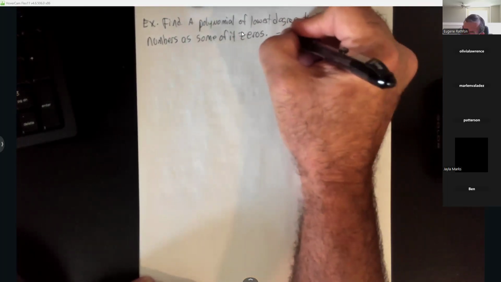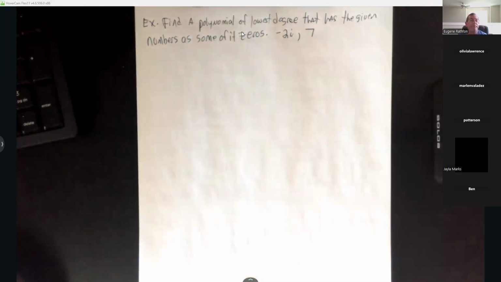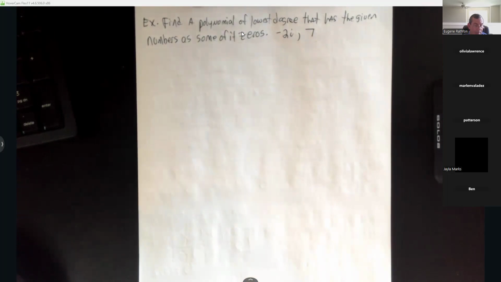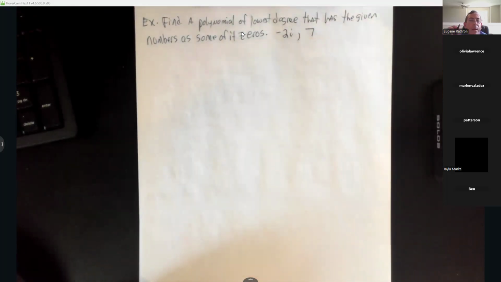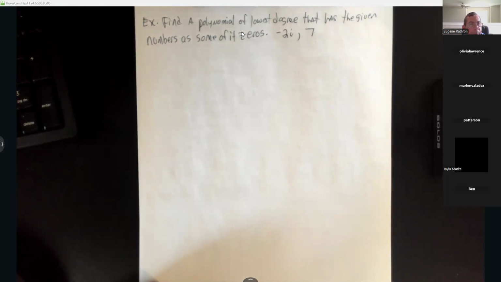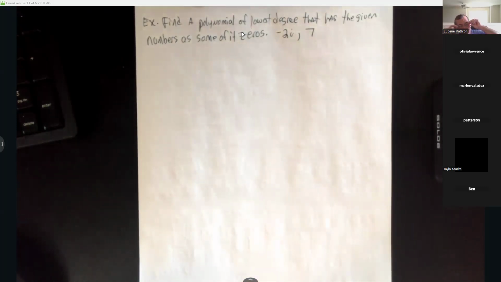All right, so they're giving me negative 2i and 7. So you're finding a polynomial, so it's like the first three problems I did where you're going to do all the foiling. But here's the question. They give me these two zeros. What else has to be a zero of that polynomial? Let's see if y'all can figure that out.